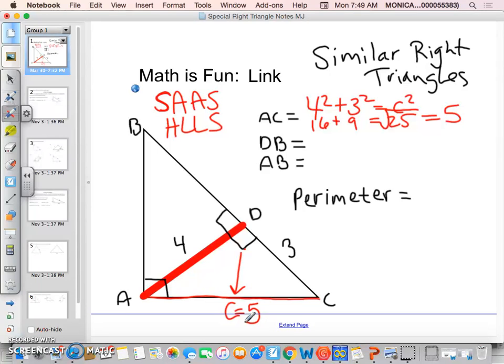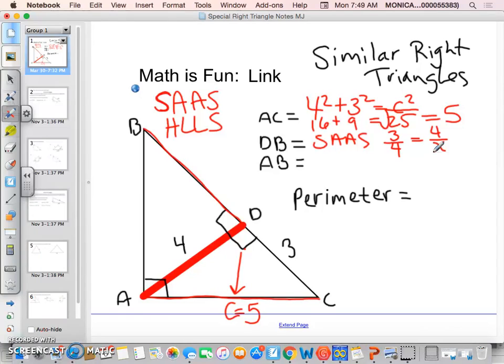Now if I want to find the length of DB, well, that's the side right here. And I know that I can apply SAS to find that. And so what I'm going to do is set it up left side 3 over the altitude 4 equals 4 over x.